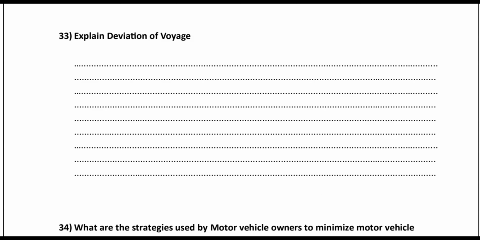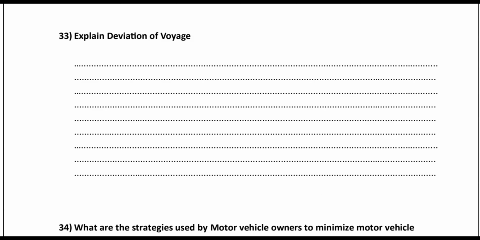If the ship capsized, or you have to throw the goods out, jettison, I'll come to that, those types of losses will not be compensated. Compensation will not be paid in an accident or damage that happened because of deviation of voyage.